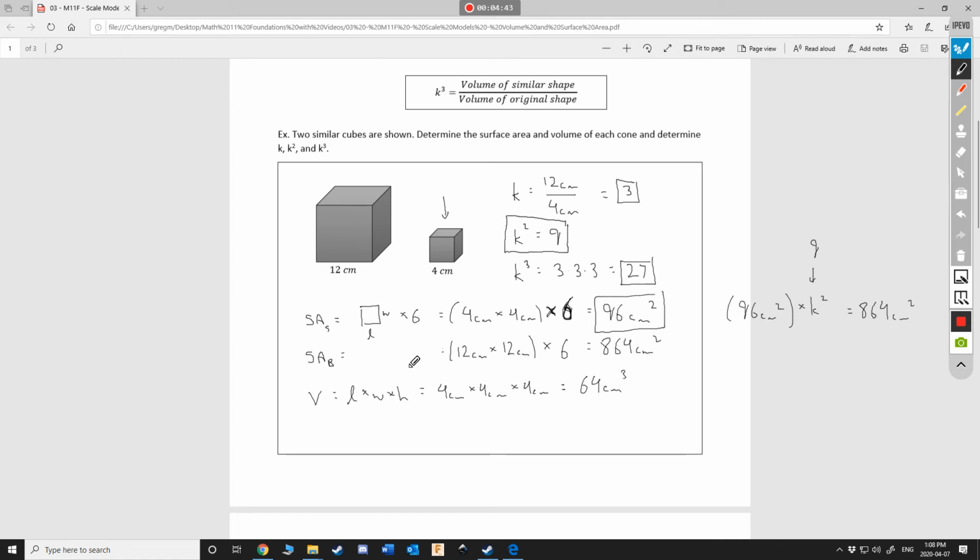Cubed tells us it is the volume. Now the big one is going to be length times width times height, but it's going to be 12 centimeters times 12 centimeters times 12 centimeters. So 12 times 12 is 144, multiply by that 12 again, we get 1728 centimeters cubed.